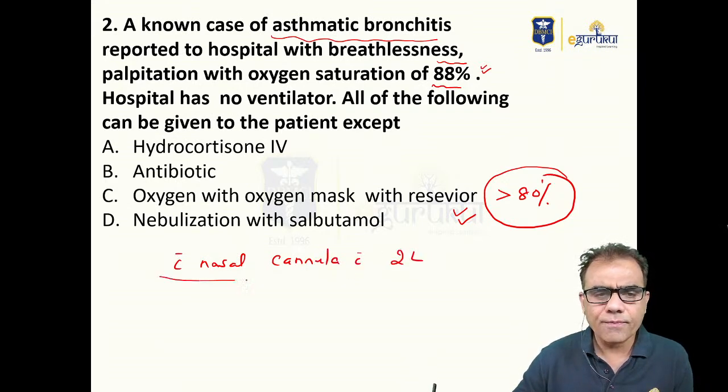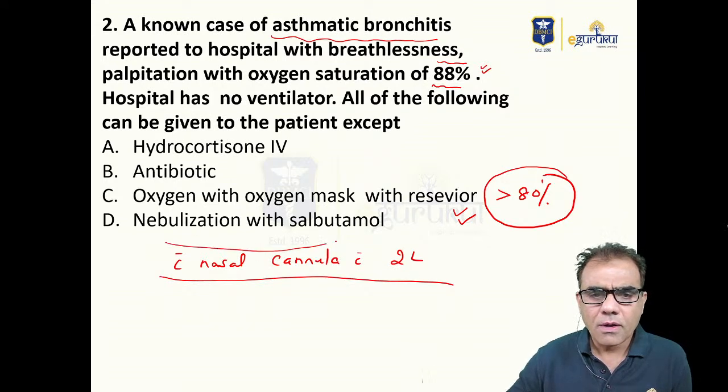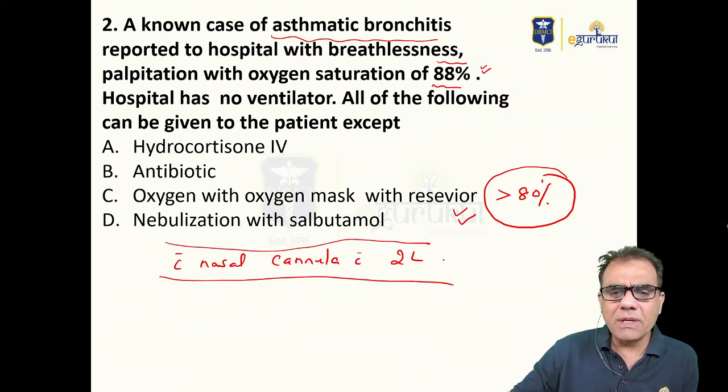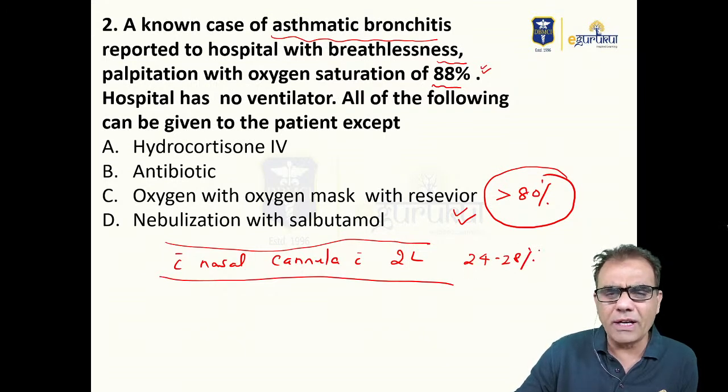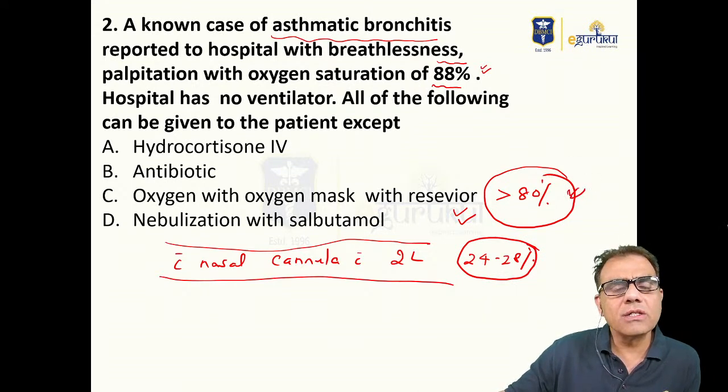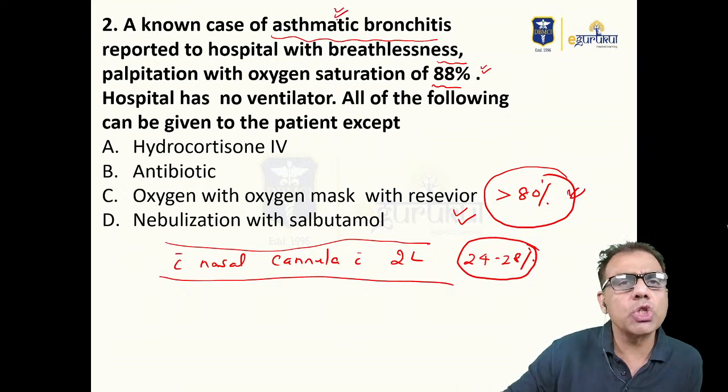That's it. So 2 liters means it will be delivering somewhere around 24 to 28% only. 1 liter is 24%, so 2 liter will be around 28%. 80% is very dangerous. So that is what they wanted to ask in this question.